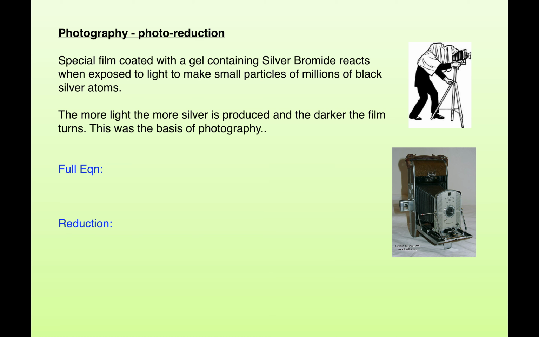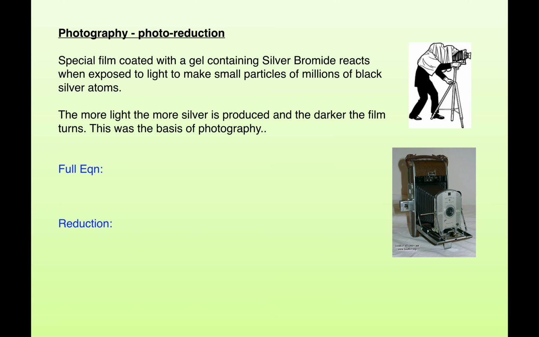The reduction, well, reduction is a gain of electrons. So what is gaining electrons? You've got a choice of the Ag+ or the Br-. Which of the two will gain electrons? Yes, you guessed it. It's the Ag+.